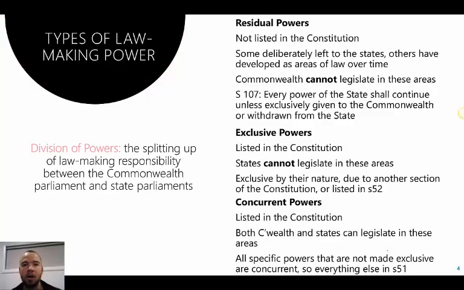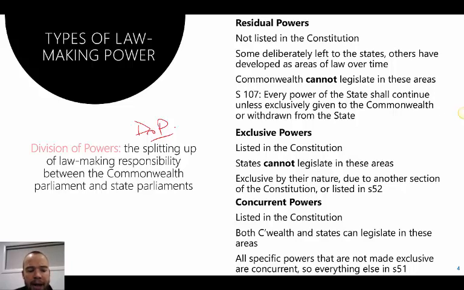So, what the division of powers is, and we call it the division of powers shorthand, so you can nice and easily just do DOP. The division of powers is the splitting up. We've got to be really careful not to use the word separating, because separation of powers is a different concept that we have to learn in slides, key knowledge point 4.1.4.